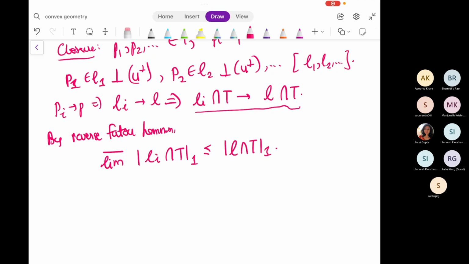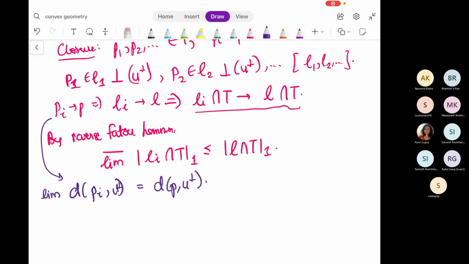And once this happens, you need to go back to the definition of symmetrization, right? Prior to going back to the definition of symmetrization, realize that if Pi converges to P, then the distance from Pi to the hyperplane U perp, just by continuity of the distance, is also equal to the distance from P to U perp.